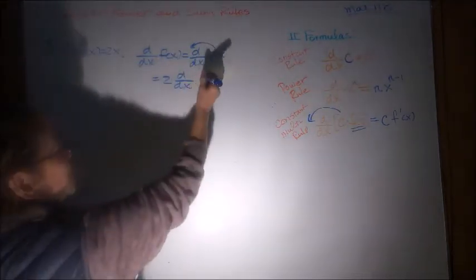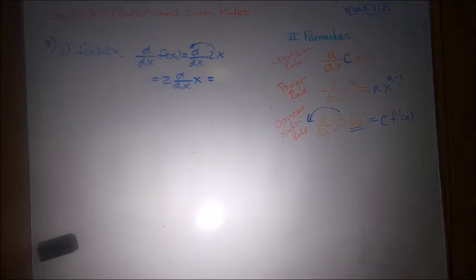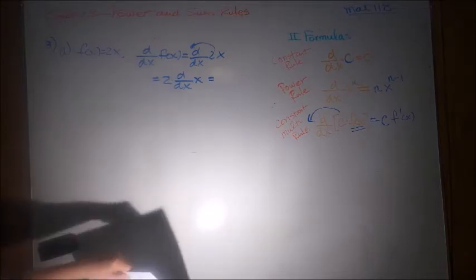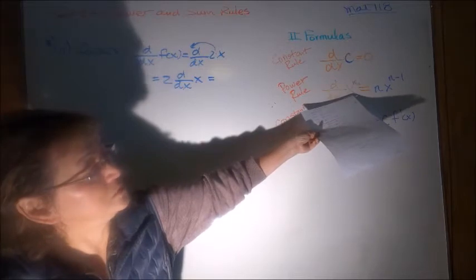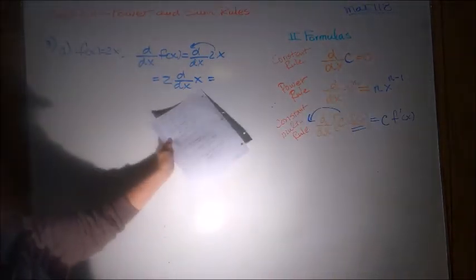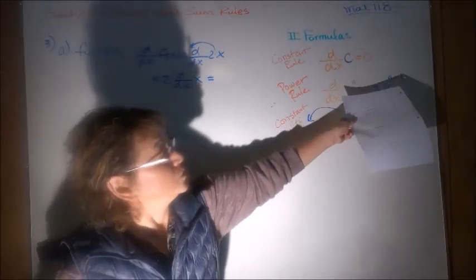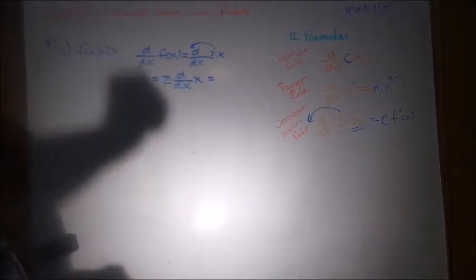If you take 2 out, then you will just do the derivative of x. What's the derivative of x? We did earlier, right? You drop 1 level, it becomes 1 outside, then drop 1 level of the power, becomes 0.